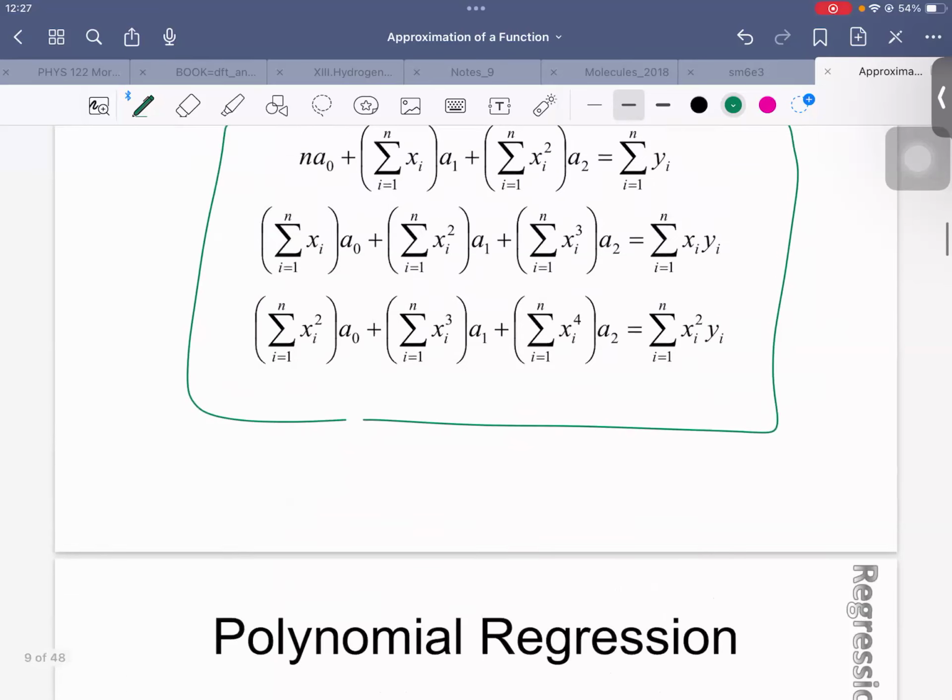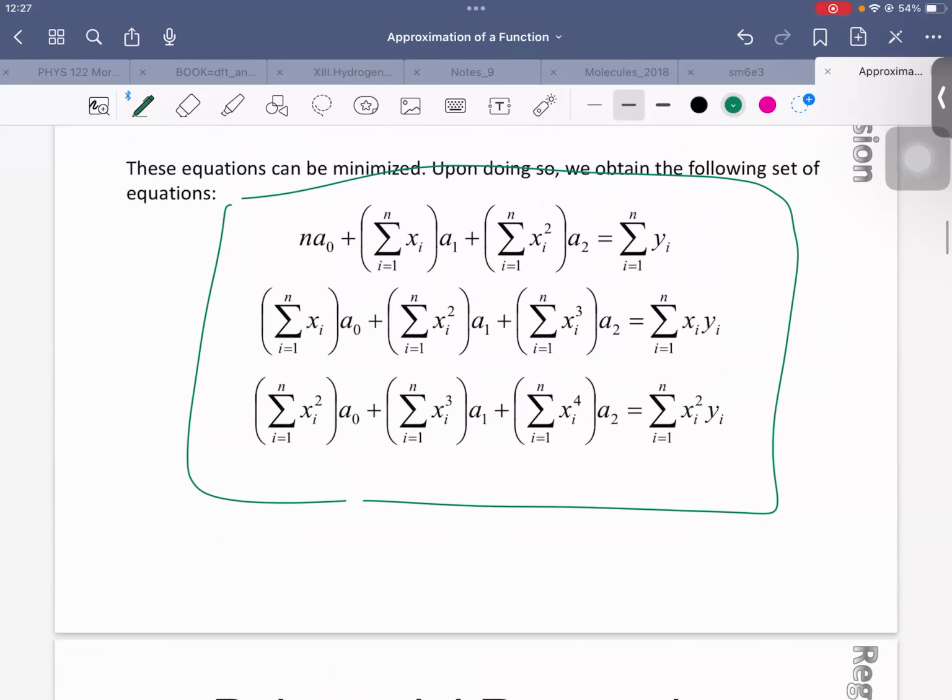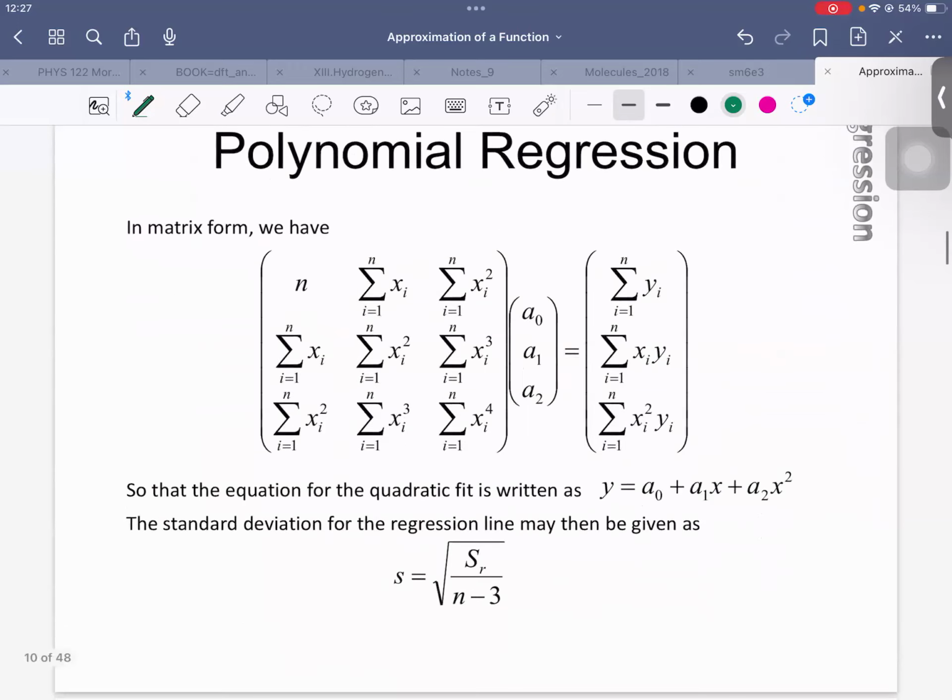Okay? Now, the good thing about this, as you can see, is that it looks like a system of equations, right? Because all of these variables are related to each other. So you can actually write it in matrix form. Okay? So that way, it would be easier to solve for your A0, A1, and A2.